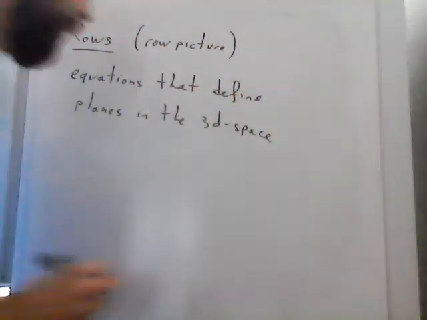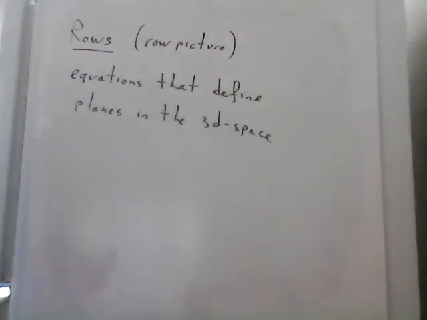Because each equation in 3 variables is going to give you a plane in the 3-dimensional space. I hope that this is clear. If not, we can talk about this during our meetings. Each equation with 2 variables is going to give you a line in the 2-dimensional plane, and each equation with 3 variables is going to give you a plane in the 3-dimensional space.